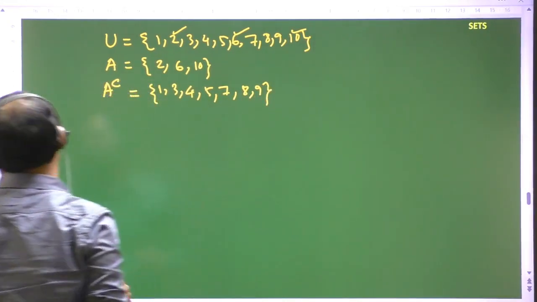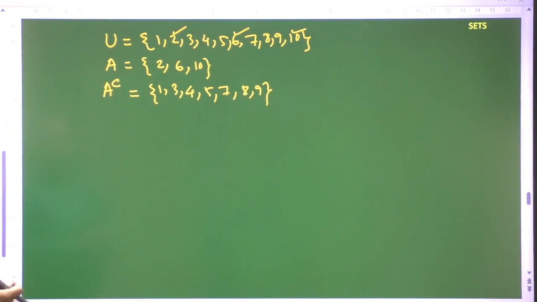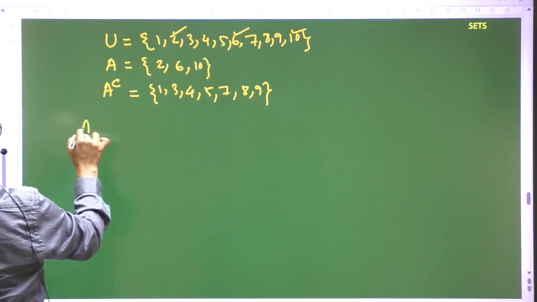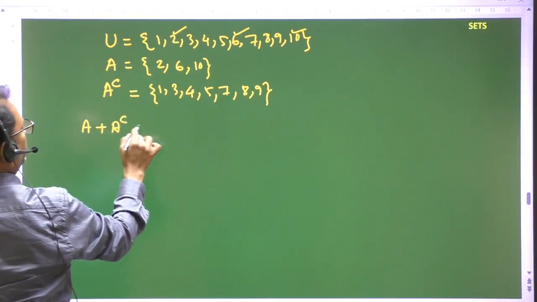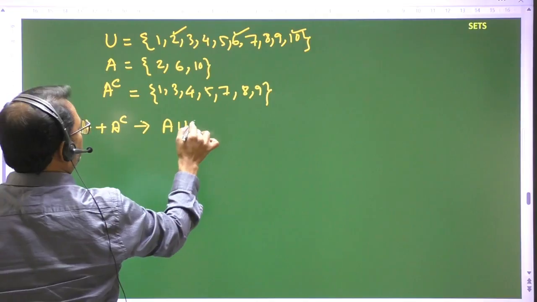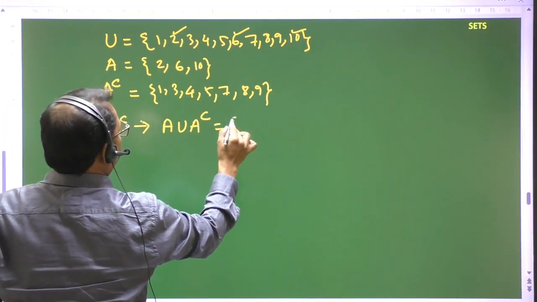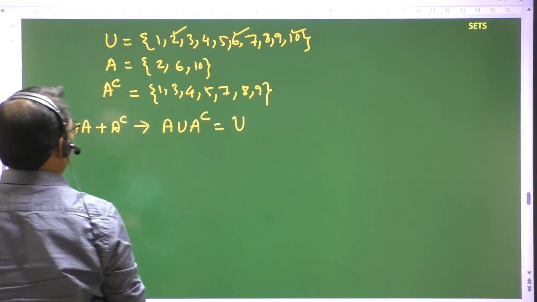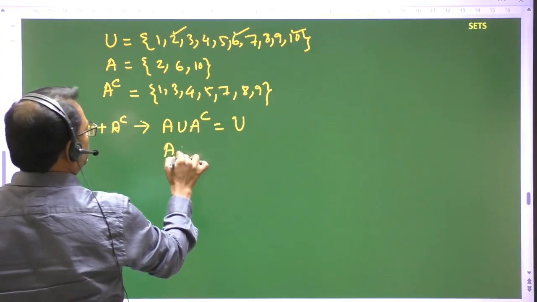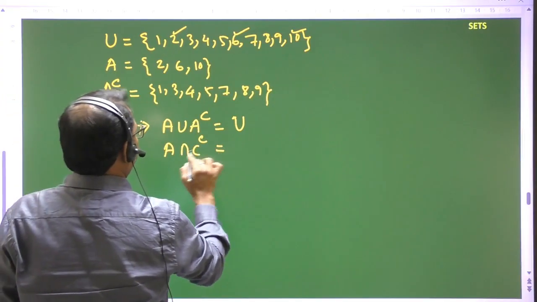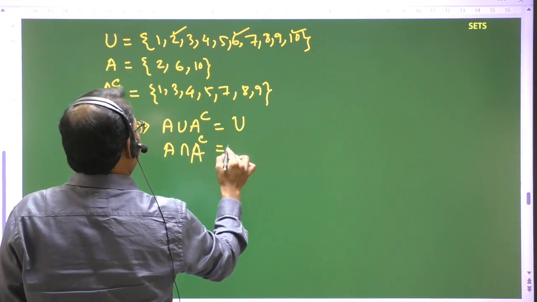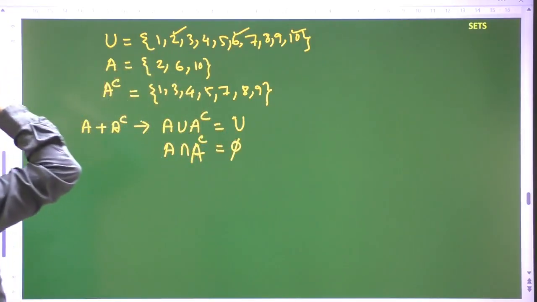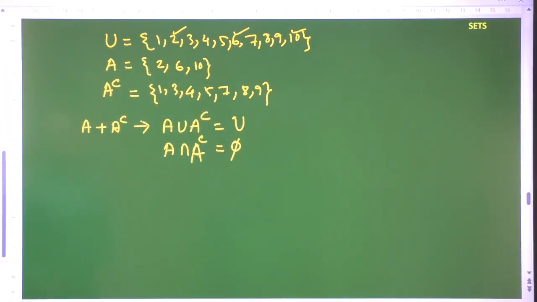This is the complement. Now you notice one thing: A union A complement gives you the universal set U, and there is no common element between these two sets. A intersection A complement is the null set.